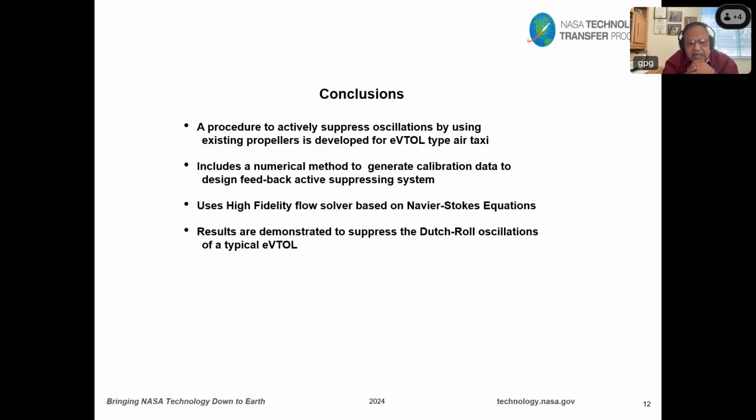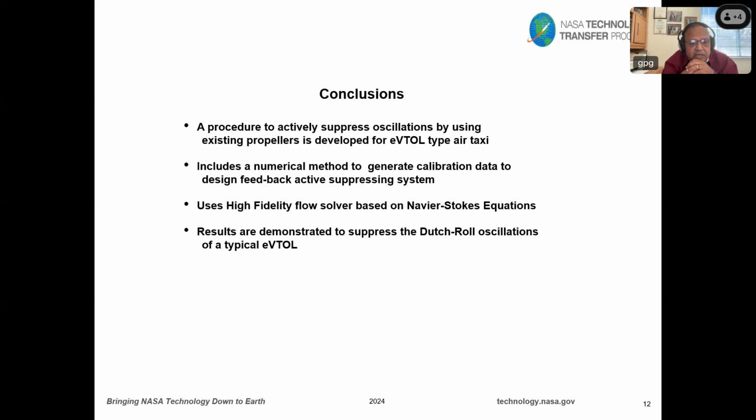So, I would like to make some concluding comments. This is a procedure to actively suppress the oscillations by using the existing propellers. That means no new hardware is required. Whatever is existing, the pushing or the lifting propellers developed for VTOL type air taxis, is used.